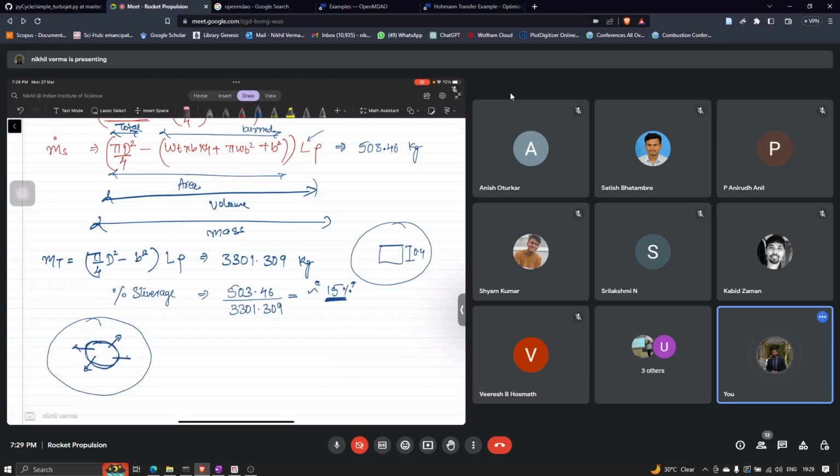In this case, can you calculate what is the leverage mass? It should be zero, right? Because at the end the complete surface is getting burnt.